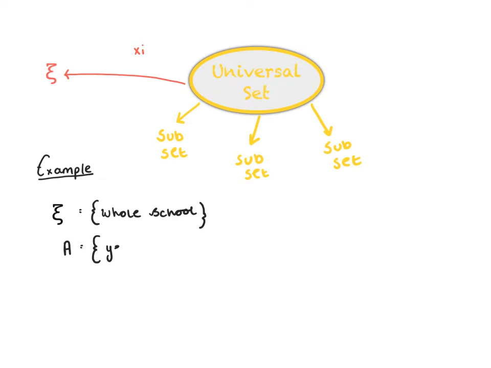So a subset A is year 10 with my curly brackets around it. Another subset might be girls.